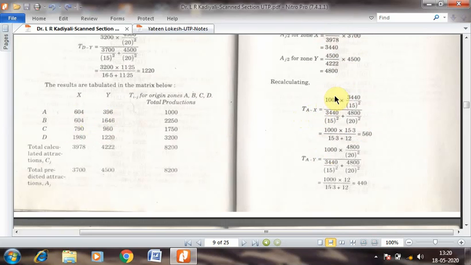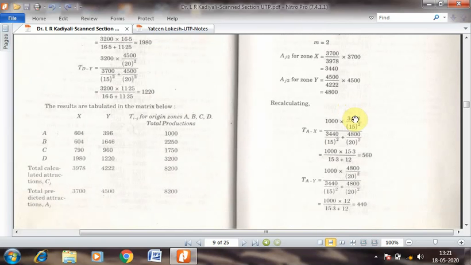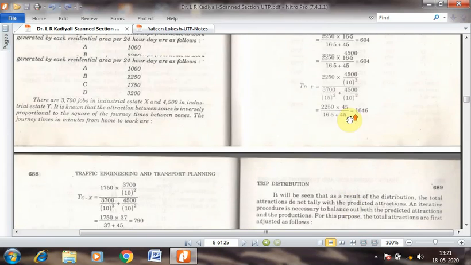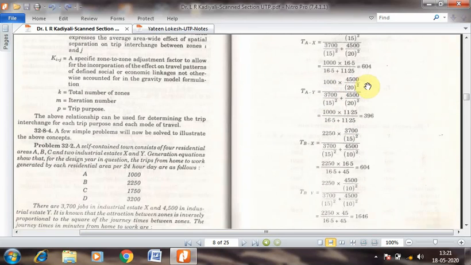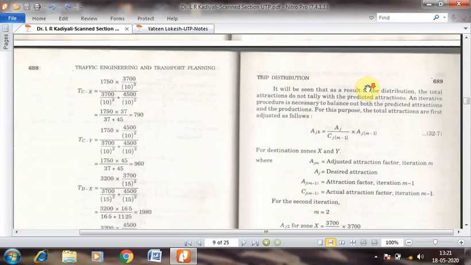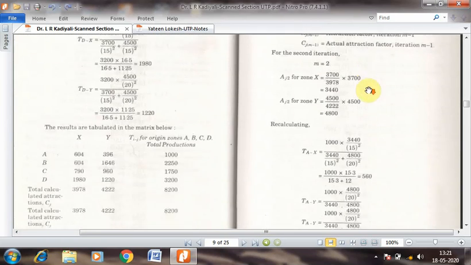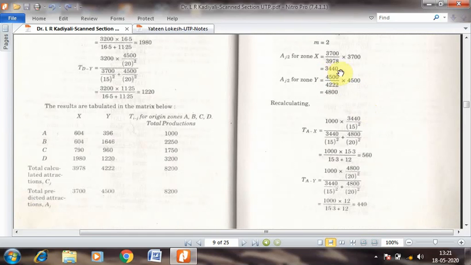Okay, this is capital Pi, it remains the same, multiplied by the new adjusted factor. In the previous case you had this as 3700, if we just scroll up you can see it here, but now in the second iteration it will not be 3700, it will be the new adjusted attraction factor, that is 3440.